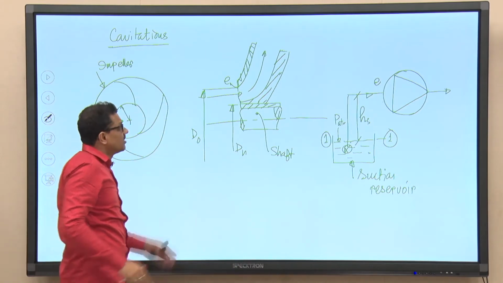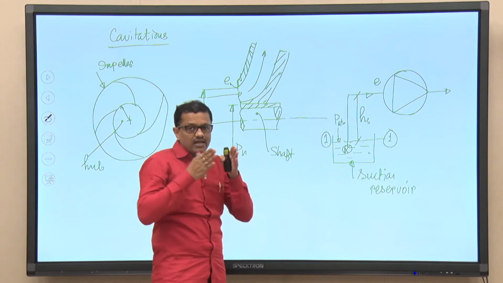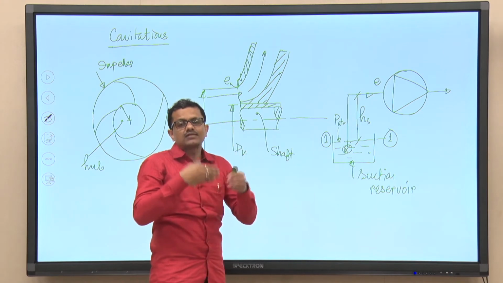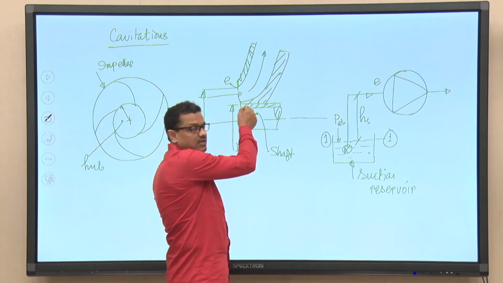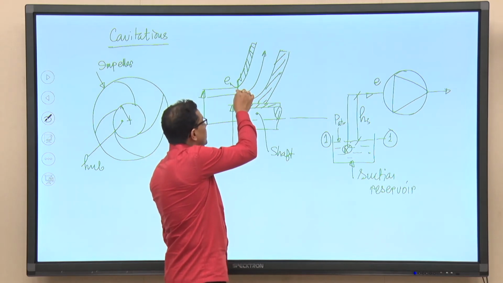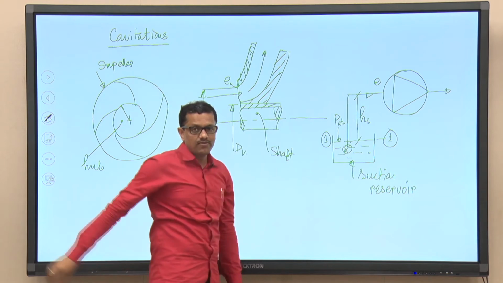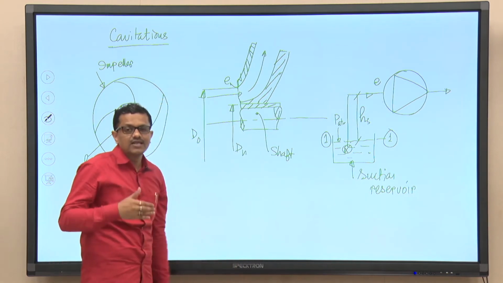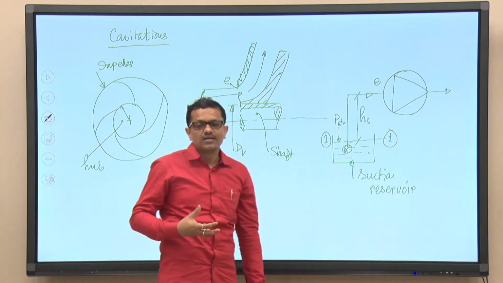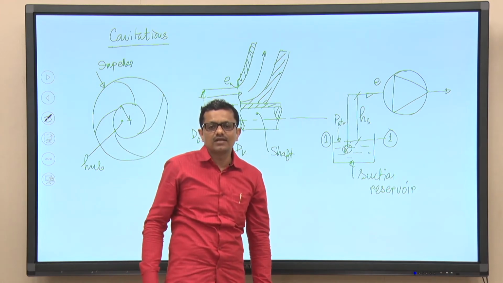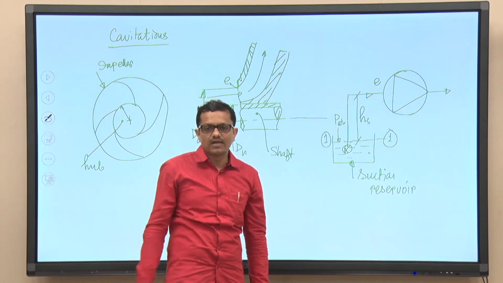Now, the question is, because of this very narrow area, the liquid will accelerate. So, if we traverse a little inside from the point E towards this flow passage, then we will see that the liquid is accelerating. Because of this sudden acceleration, since the total energy remains constant, pressure will fall further.